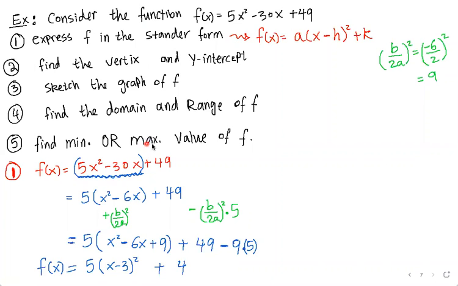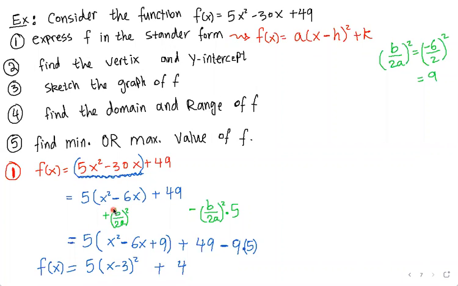I'm going to do it again fast. Again, the first step, I have to look at the first two terms. Now I have to factor out 5 because I need the coefficient of x squared to be 1. So 5 times x squared minus 6x, because the factor of 30 is 6x, and I keep the 49 outside.